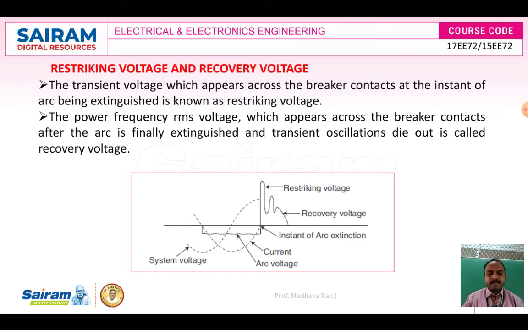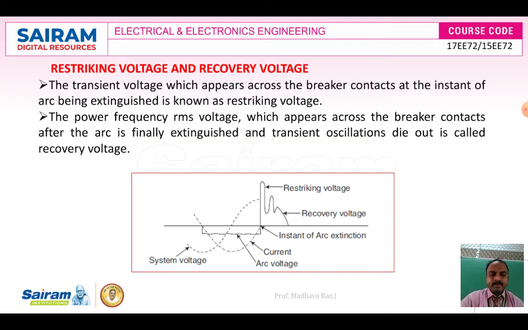The exact definition of recovery voltage is the power frequency RMS voltage which appears across the breaker contacts after the arc is finally extinguished and the transient oscillations die out. After the arc is extinguished, that voltage across the breaker contacts is called the recovery voltage. We can see restriking voltage and recovery voltage in this diagram.